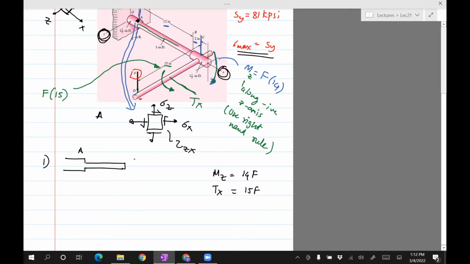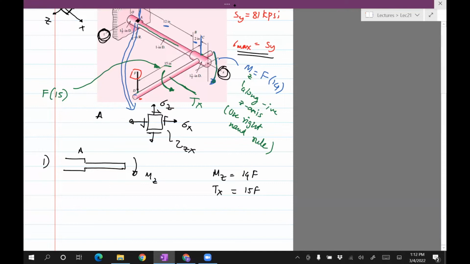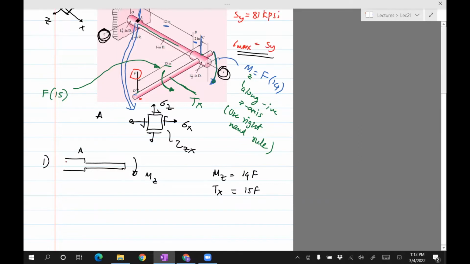And then this moment is this way, and it's Mz. Let me draw the neutral axis, which for this case is going to be right in the middle, because the geometry is basically a shaft along that axis.